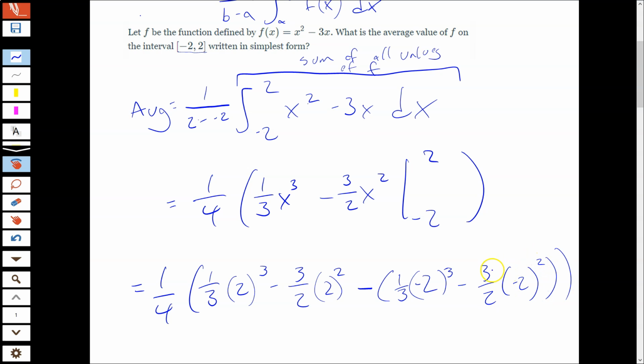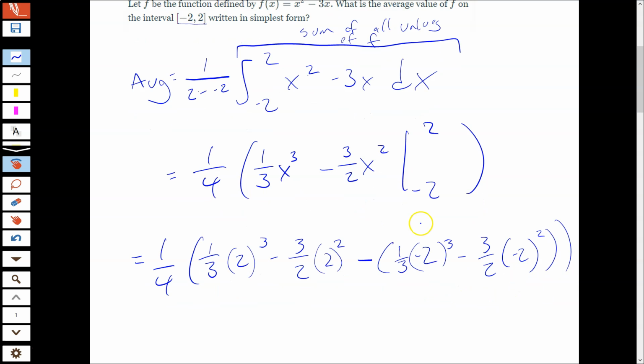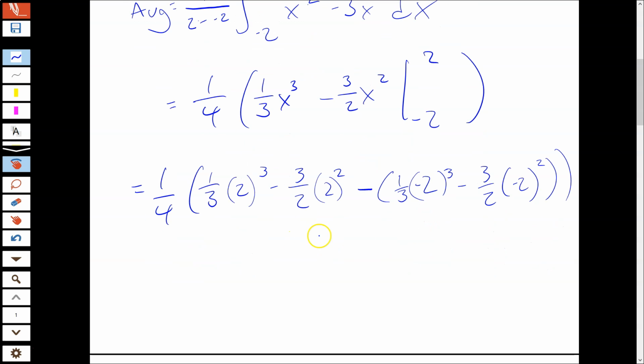And that's my solution, right? I just simplify this algebraically, and that's for sure a calculator problem. You want to work carefully as always, because these integrals tend to have a lot of opportunities to make errors with your signs. Make sure you put in a bunch of parentheses into your calculator as you're typing this out. Your result, you should get 4/3.